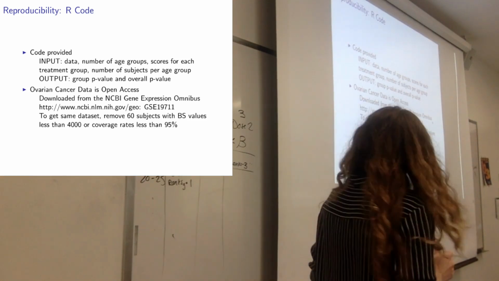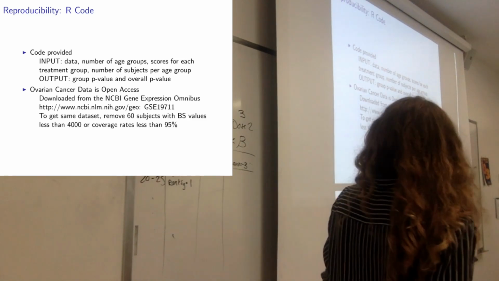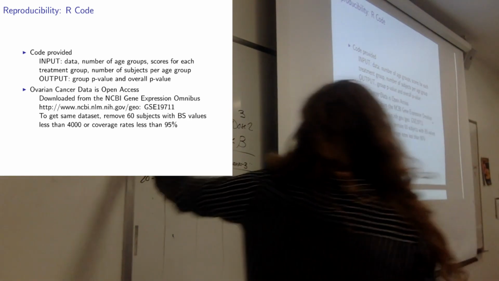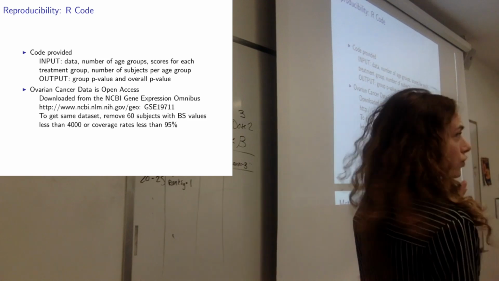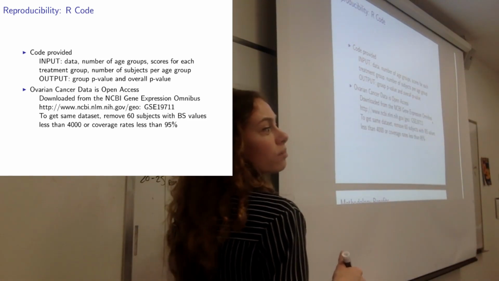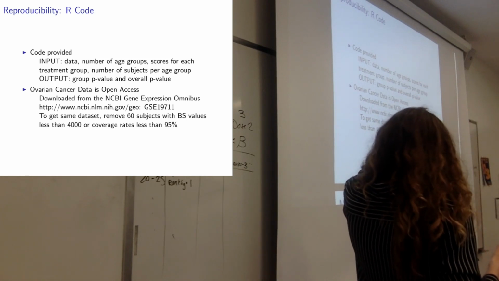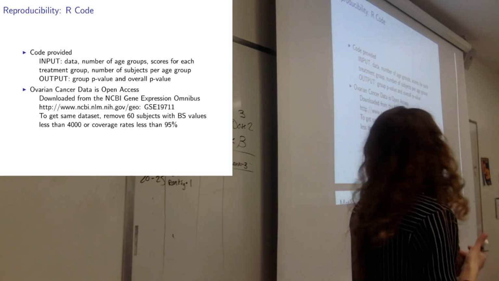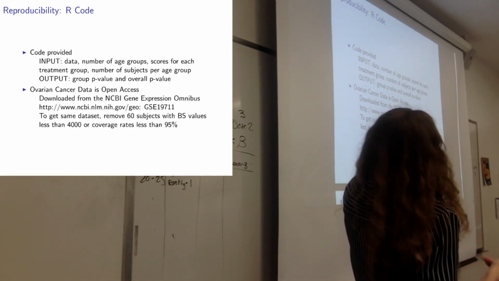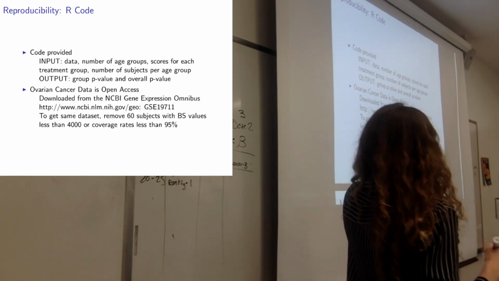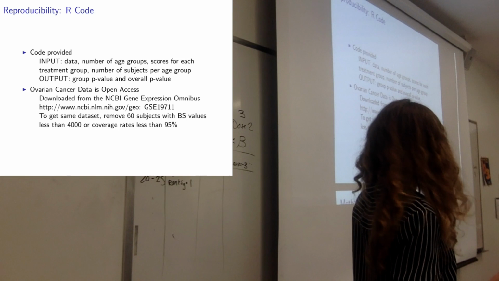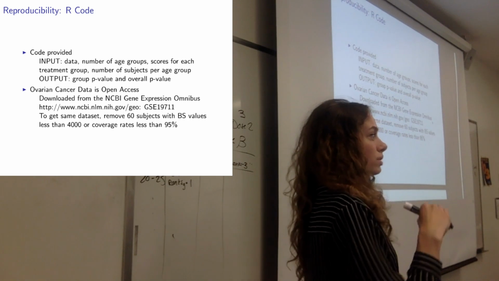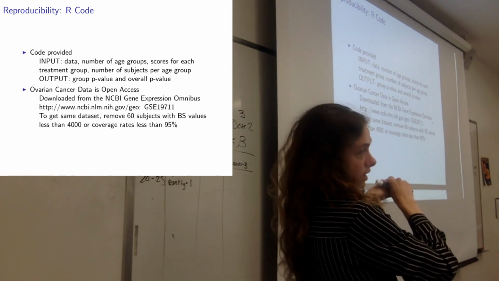Reproducibility is obviously key, and so they provided their code. The only things you have to input are the data, so your methylation data, the number of age groups, so how you're going to dichotomize age, the scores for your treatment groups, so 1, 2, 3, or 0.1, 0.5, 0.8, and then the number of subjects per age group, which you can also tell it to read from the data step, but they chose to specify it. It then outputs a group p-value for each age group, and then gives you the overall p-value after it condenses it.